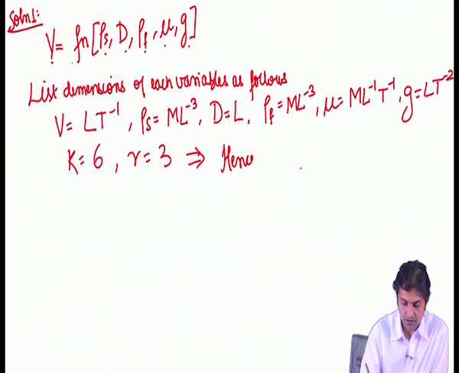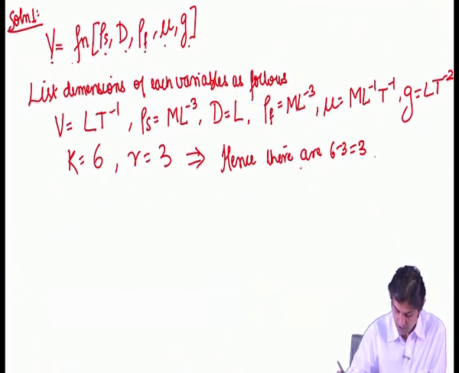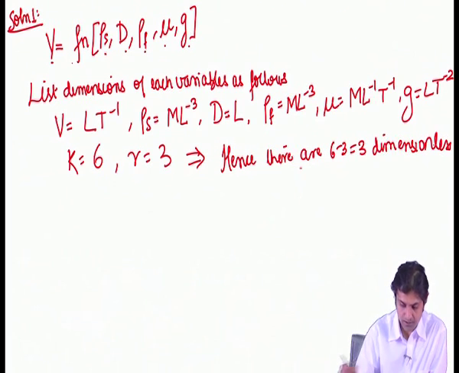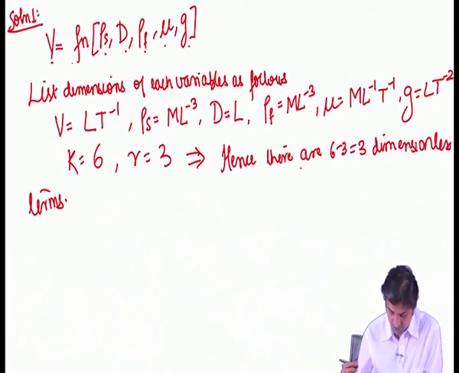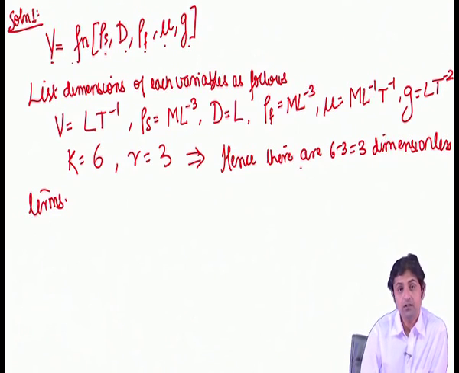hence there are 6 minus 3 is equal to 3 dimensionless terms. Okay. So, following some of the initial steps, we have obtained that there are going to be 3 dimensionless pi terms.